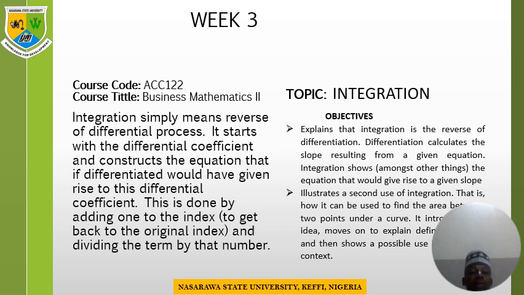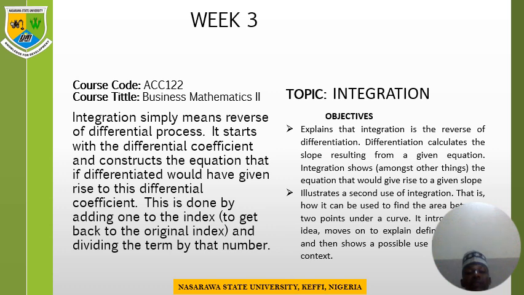It starts with the differential coefficient and constructs the equation that, if differentiated, would have given rise to this differential coefficient. This is done by adding 1 to the index to get back to the original index and dividing the term by the new number.